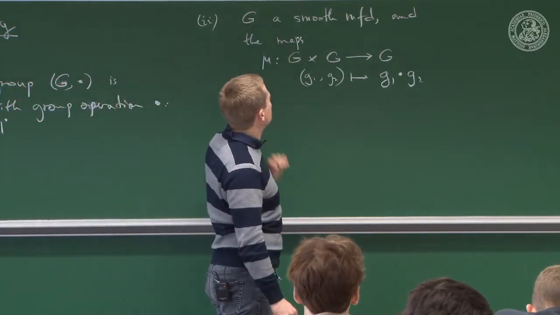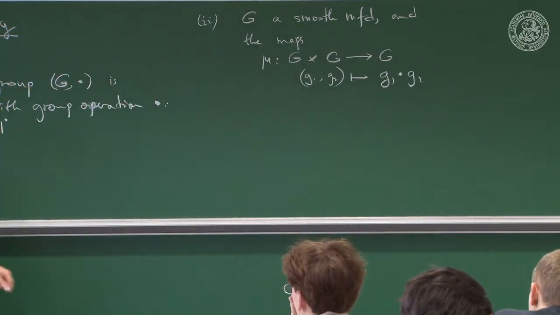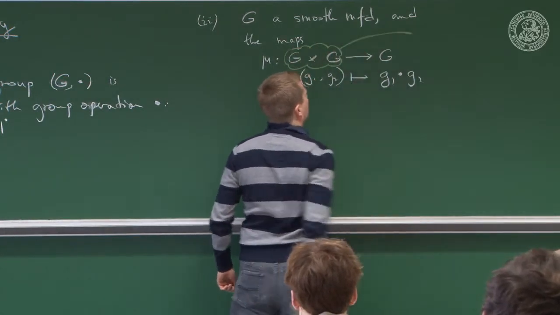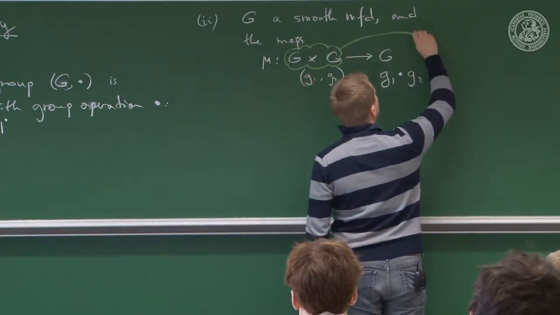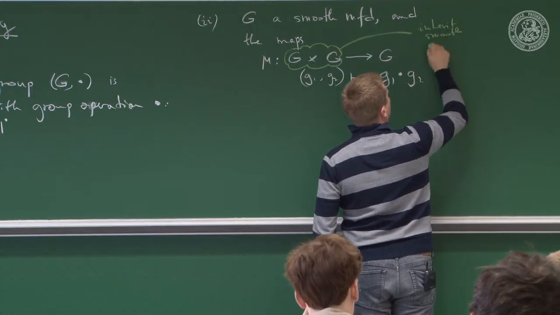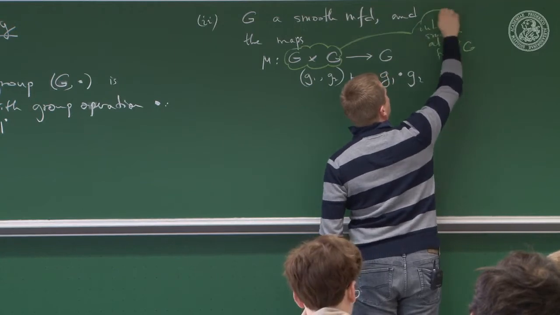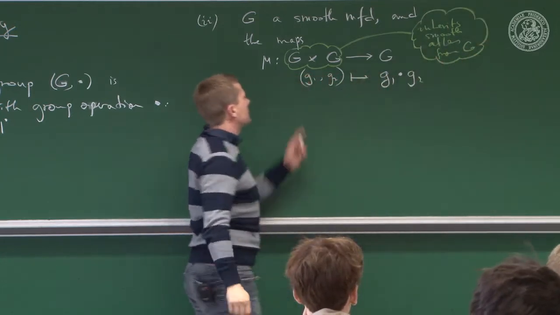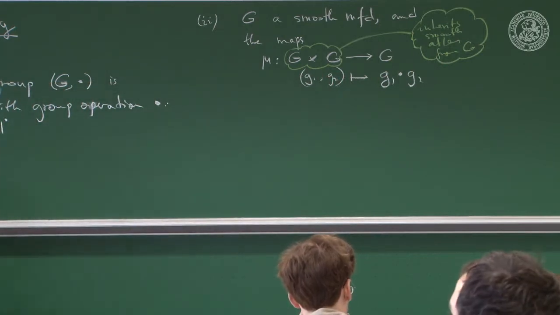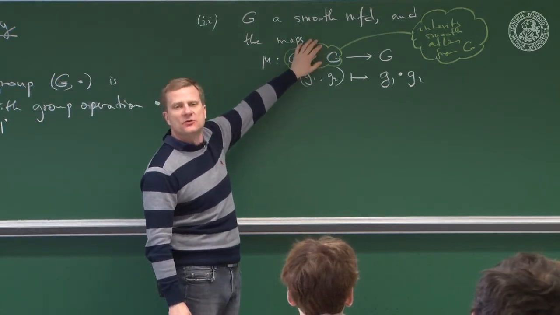But now if G is a smooth manifold, then G cross G is clearly also a topological manifold, but you can also inherit a smooth atlas from G, because G has a smooth atlas, so you can equip the Cartesian product of the underlying topological manifolds again with a smooth atlas, with the result that it is again a smooth manifold.